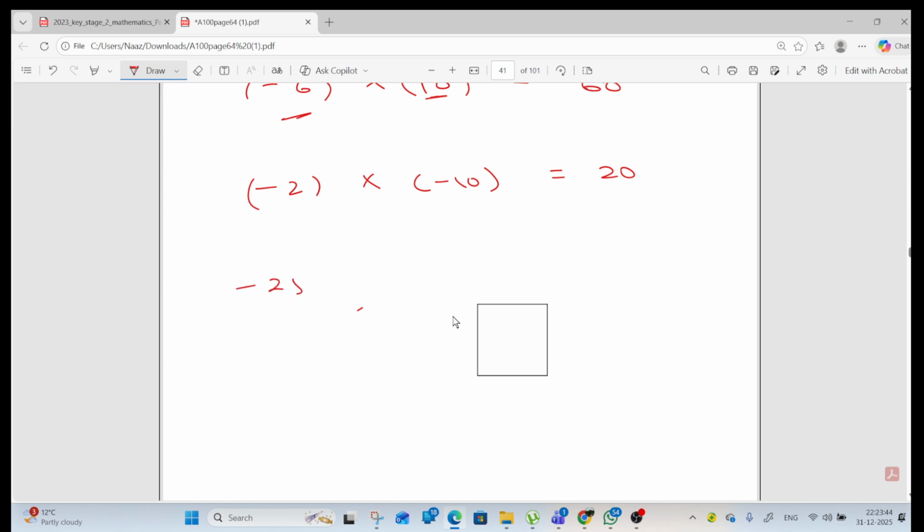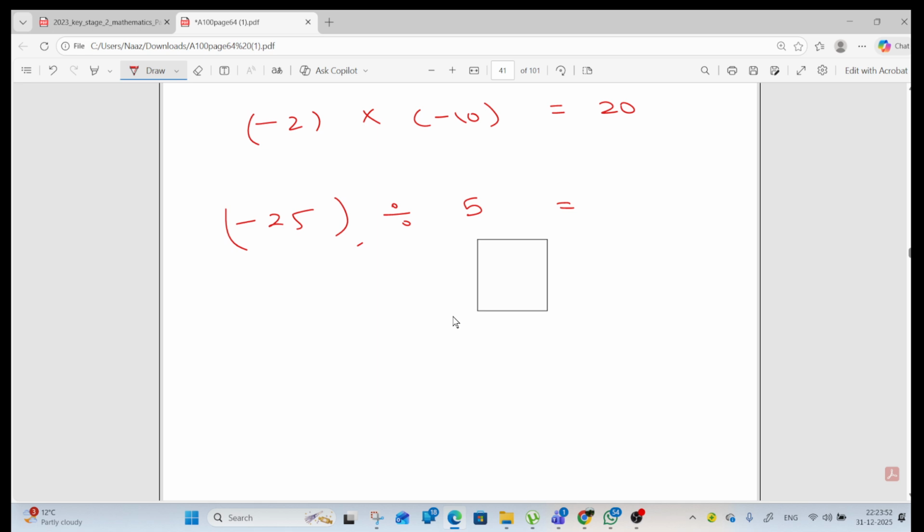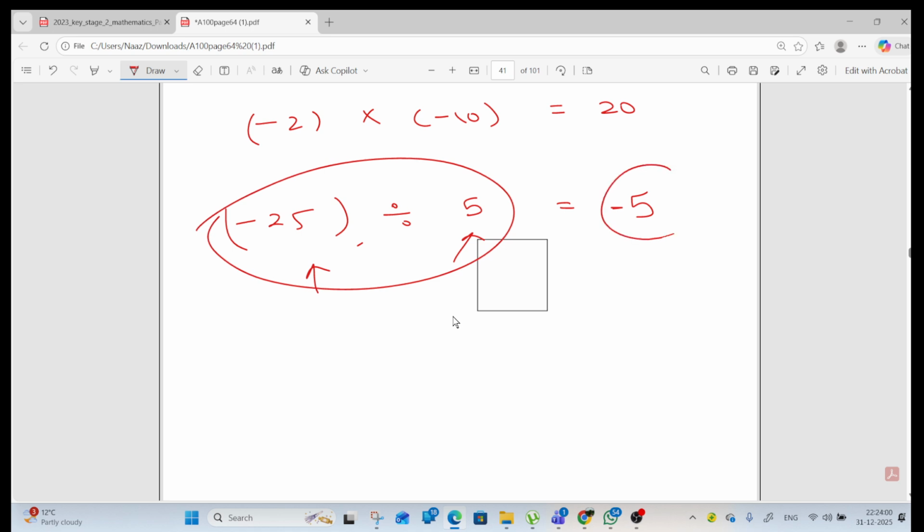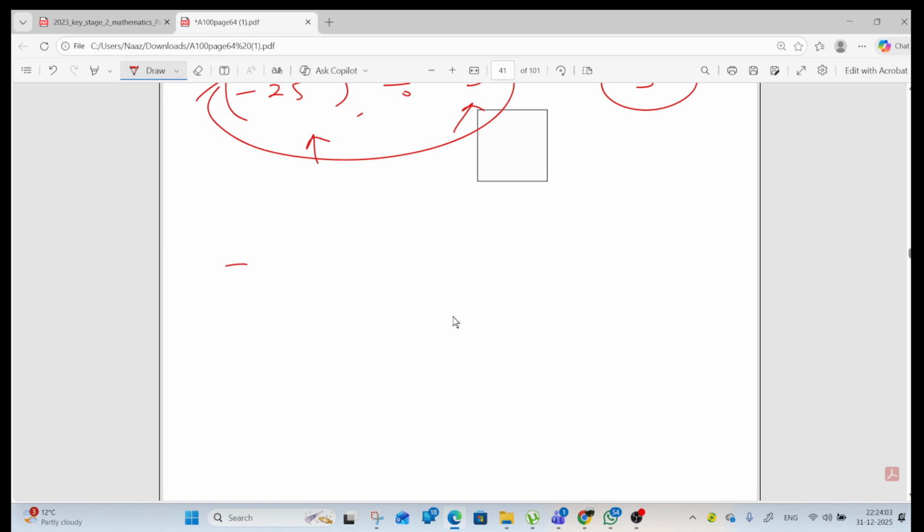Good. What about this? 5. One is negative, other is positive, so negative 5. When signs are different, you get negative answer. What about this? 4. Yes, because signs are same, so positive answer.